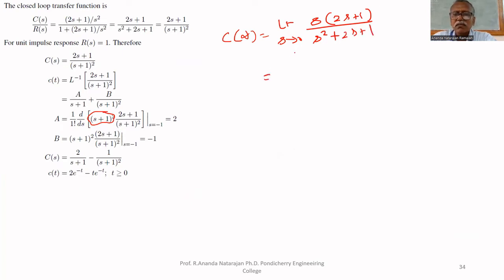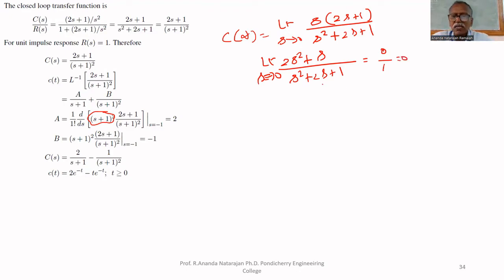That is equal to what? That is equal to (2s square plus s) upon (s square plus 2s plus 1), limit s tends to 0. So 0 upon 1, you will get 0.